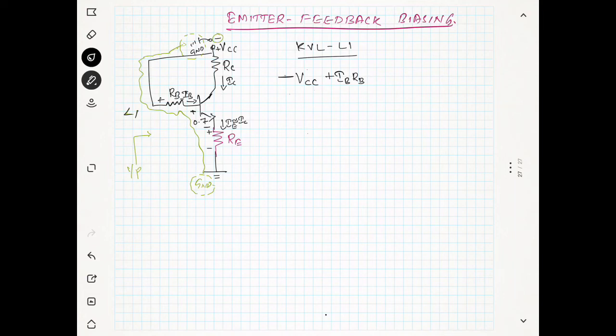So after IB RB, we have another 0.7 along the base emitter junction, then it becomes plus IE into RE. Then we reach the ground, so we completed the loop, so it becomes 0.